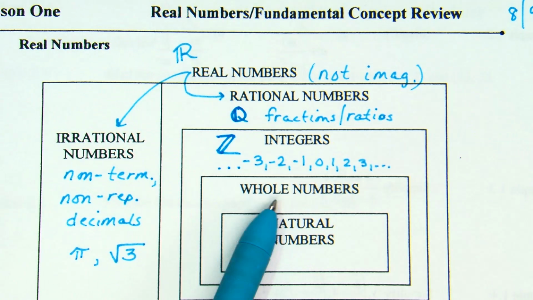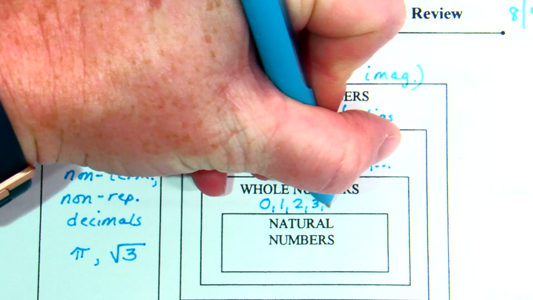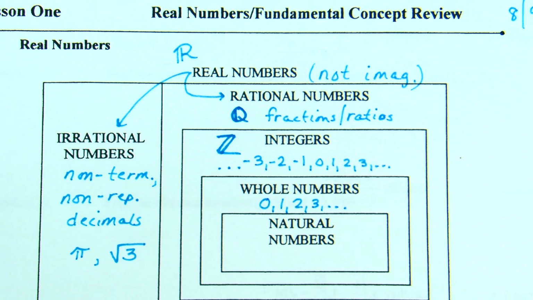Now, we already used the word whole numbers. What do we mean by whole numbers? Okay, the positive ones? What about 0? Do I include 0 for whole numbers? Yes. So whole numbers are 0, 1, 2, 3, and so on. I don't believe there's a letter to represent whole numbers, unless I'm forgetting one, but I don't have one written down.